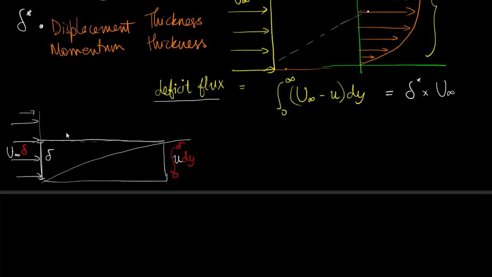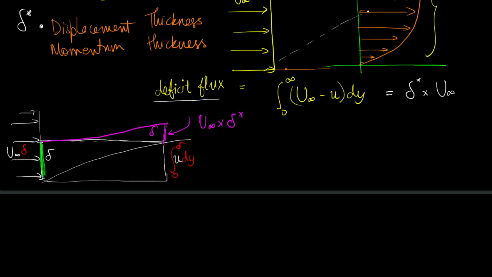So if I want to have this incoming flux over at this cross section as well, I must change the shape of the control volume to something like this, so that at this cross section I have an additional u infinity times delta star.